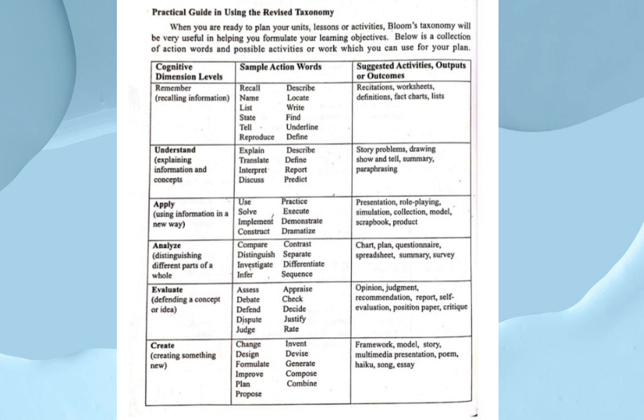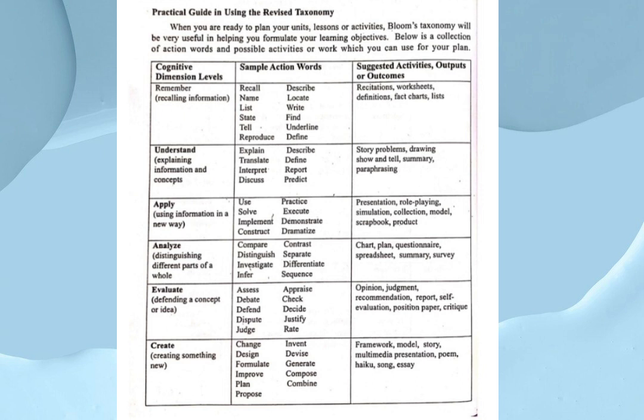Cognitive dimension levels: apply, using information in a new way. Sample action words: use, practice, solve, execute, implement, demonstrate, construct, dramatize. Suggested activities, outputs, or outcomes: presentation, role-playing, simulation, collection, model, scrapbook, product.